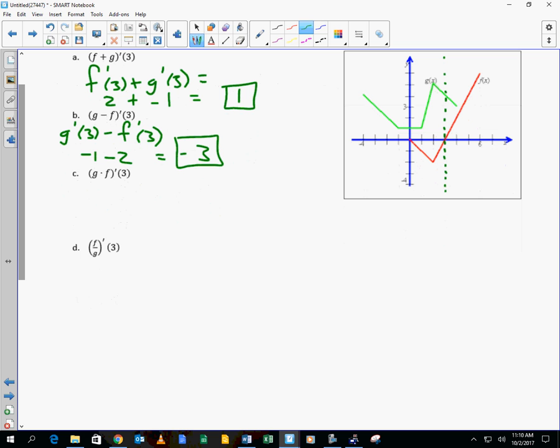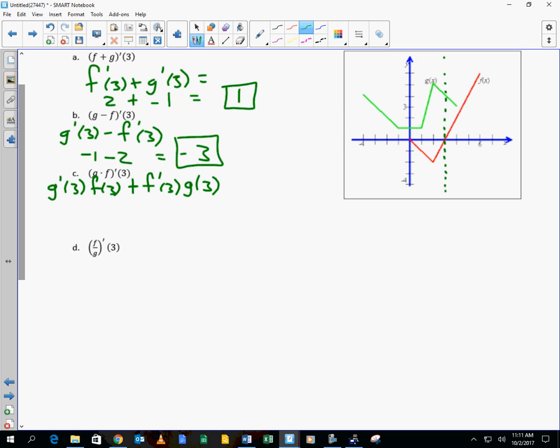And I have g times f of 3. So what do I do there? Yeah, the product rule. So g prime of 3 times f of 3 plus f prime of 3 times g of 3.